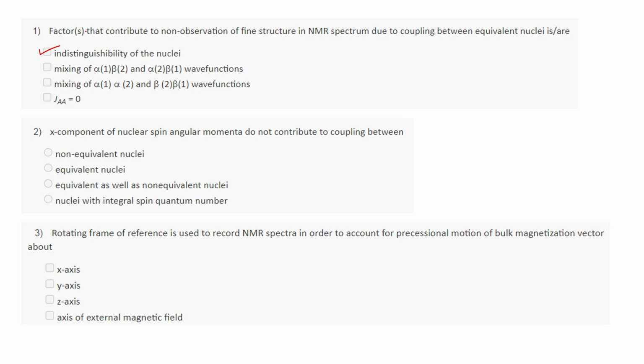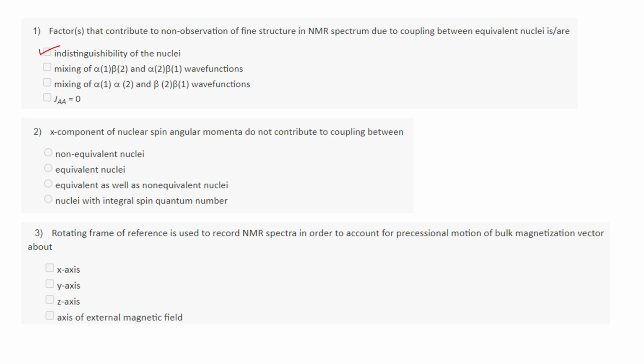And the second is the mixing of the alpha 1 beta 2 and alpha 2 beta 1 wave functions. When the coupling is not there, the energies of alpha 1 beta 2 and alpha 2 beta 1 are at 0; you can set them as your reference point. When the coupling is there, one state will be the plus linear combination and another will be the minus.